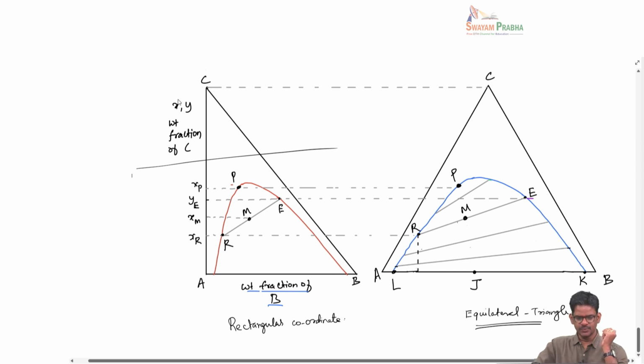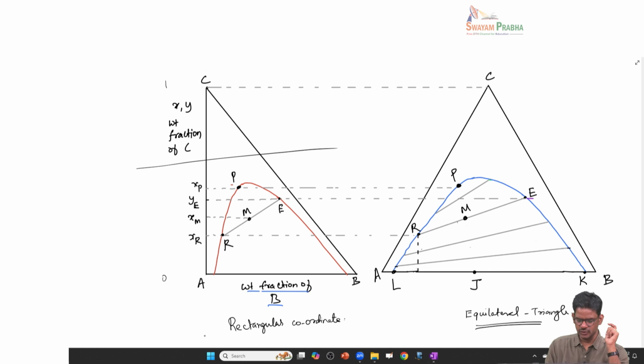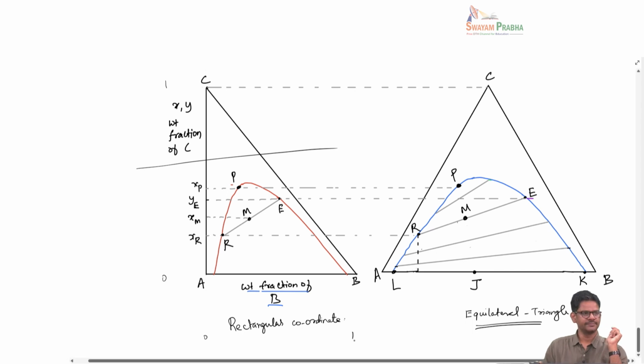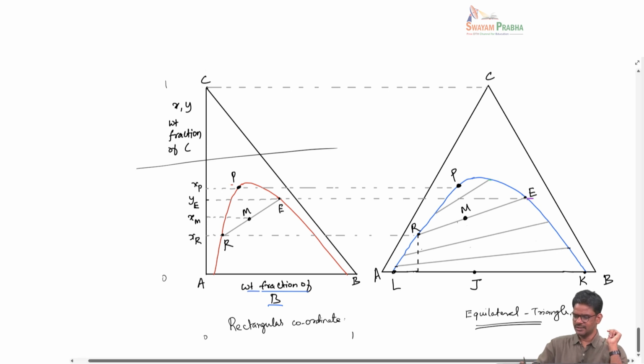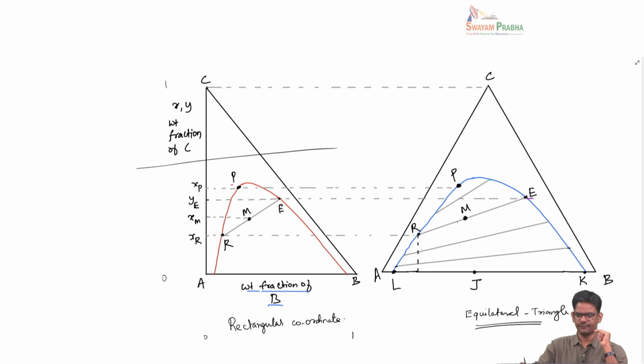On the y axis we have x and y, mole fractions, and the range is from 0 to 1. Similarly in the x axis the range is from 0 to 1. So the way we read this diagram is the following. Let's take again the tie line RE corresponding to this point M. We take the value at E and read the value of component C here.